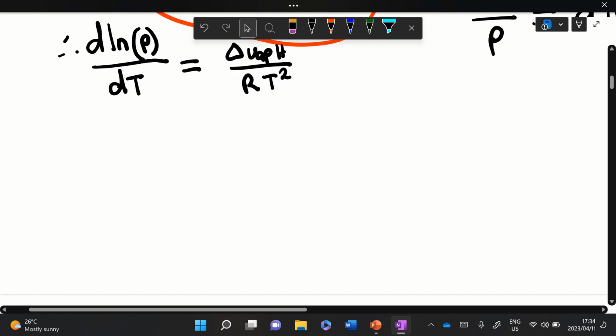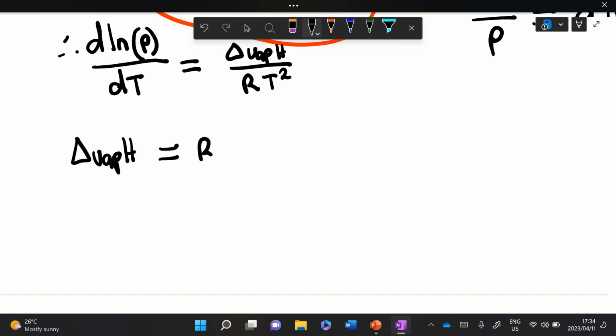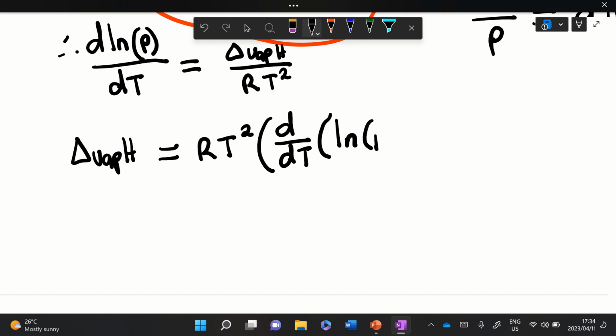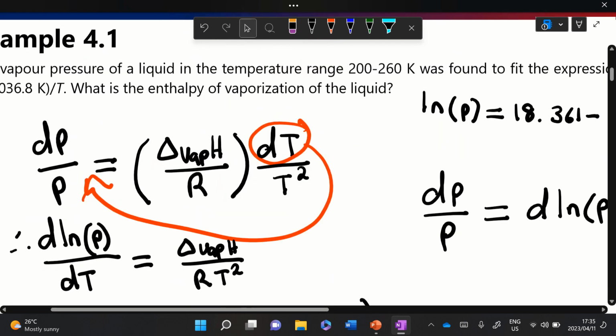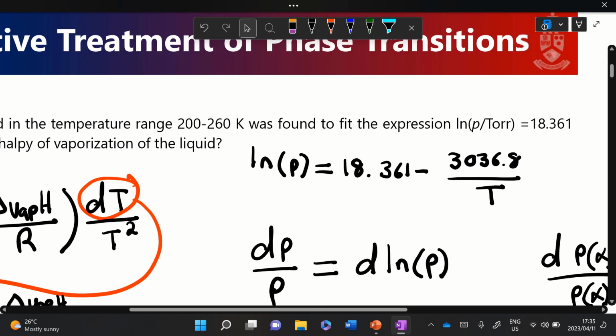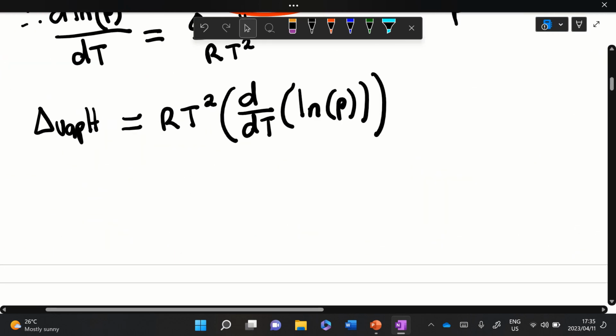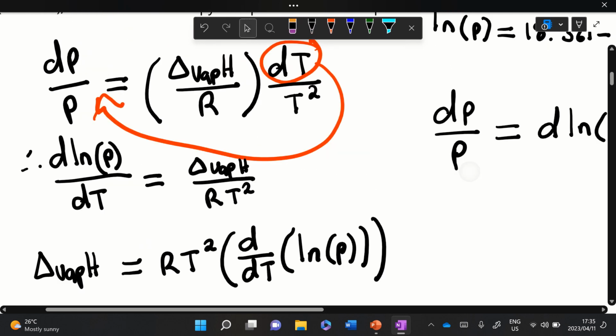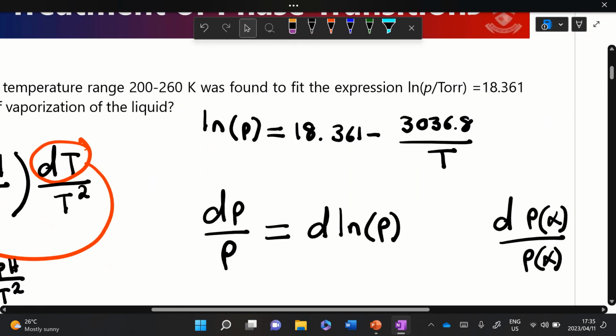I can write for the vaporization enthalpy that it equals RT squared times d/dT of the ln of P. And what is the ln of P? It's this function that we're given. I think it's very clever. Okay, I know, I'm very clever. Anyway, so let's just plug this function in.